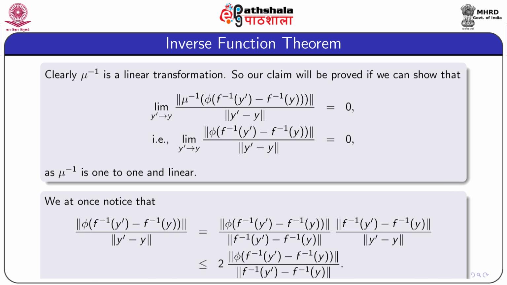So, our claim will be proved if we can show that limit as y dash tends to y of norm of mu inverse phi (f inverse y dash minus f inverse y) by norm of y dash minus y equals 0. Now, mu inverse is a linear transformation, so it carries the 0 vector to the 0 vector. So, we have limit as y dash tends to y of norm of phi (f inverse y dash minus f inverse y) by norm of y dash minus y equal to 0.